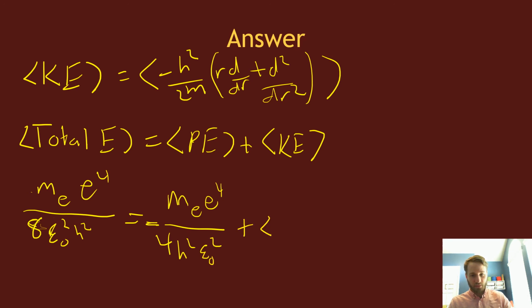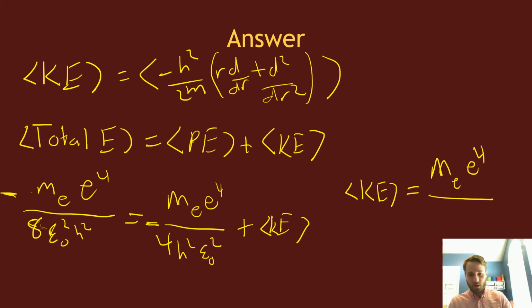And this plus average kinetic energy, and there should be a minus sign here. So if you add this onto the other side, what you'll see is the average kinetic energy is the exact same thing as the average potential energy, which is the mass of the electron times the electric charge to the fourth over 4 h squared epsilon naught squared, with a minus sign here.